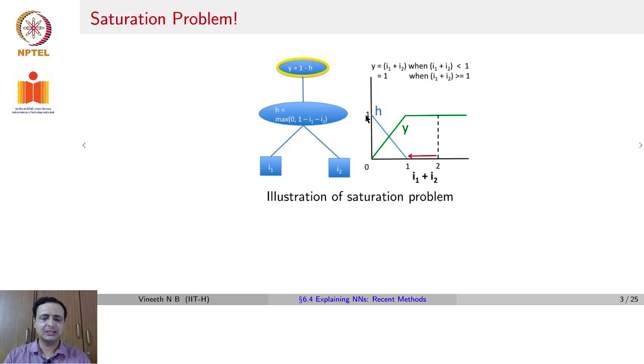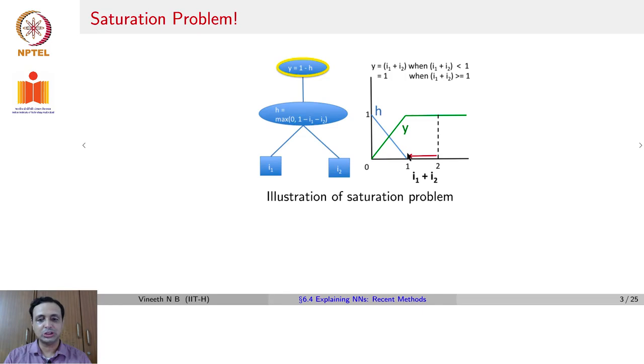If you visualized the gradients in this kind of setting, you would notice that on the x-axis, if you had I1 plus I2, h is max of 0, 1 minus I1 minus I2, which means when I1 plus I2 becomes greater than 1, h is always 0. Until then, it would be 1 minus I1 minus I2.